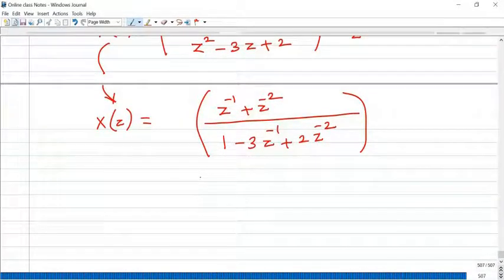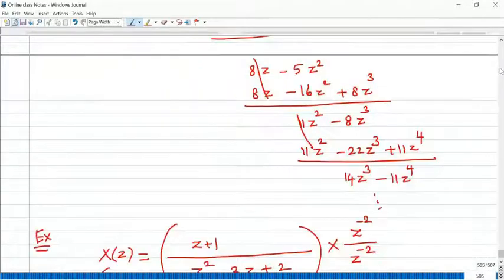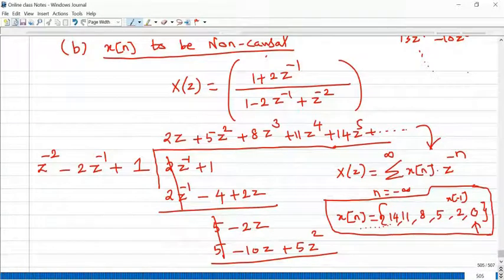For x of n to be non-causal, you have to rearrange this equation, that is, higher order term first: 2 z power minus 2 minus 3 z power minus 1 plus 1. The numerator is z power minus 2 and then z power minus 1. See how we arranged this for the non-causal signal: constant at last.